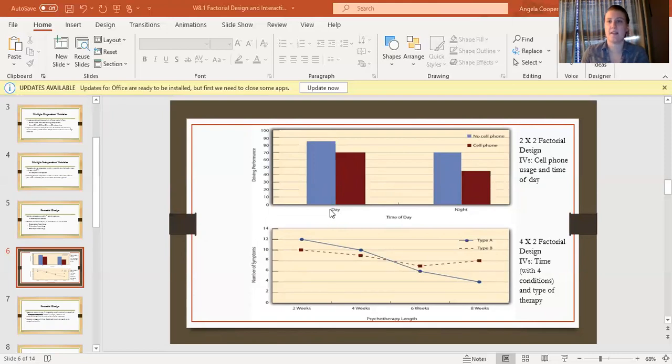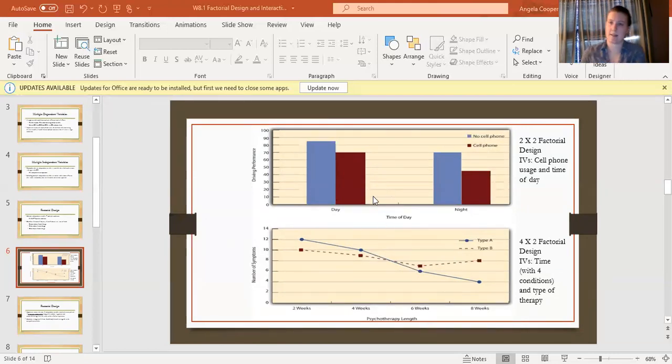So we have the independent variable of time of day on the x-axis, day or night, and then the other independent variable is listed as these different colors for the bars. So blue is no cell phone, and red-ish is cell phone usage. We are looking at driving performance as the dependent variable. We see that on the y-axis.